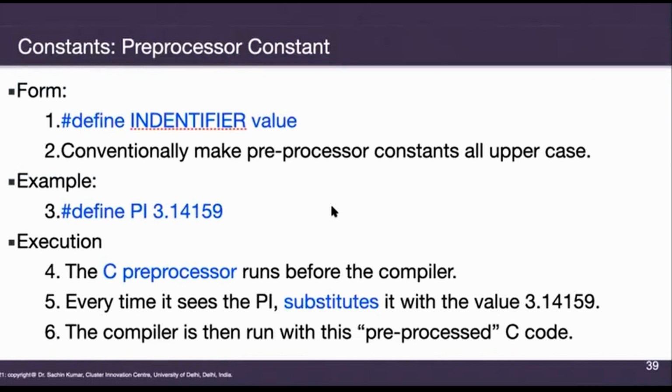It will make your code neat and clean so that you can understand what this value is. When you read this program, you will always see PI, but when your program runs, it will automatically be replaced by the value 3.14159.